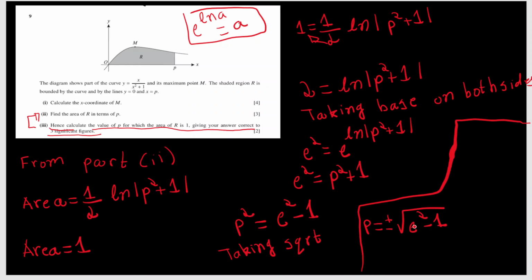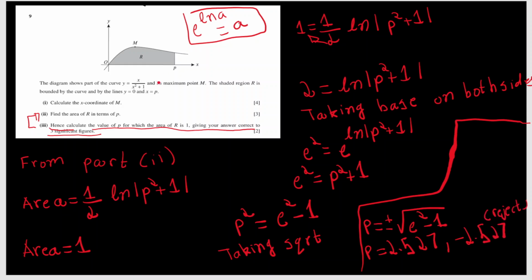So pick up the calculator and tell me what is the answer you're going to get. The square root of e square minus 1 is 2.527. So p is equal to 2.527, or p is minus 2.527, which is going to be rejected.